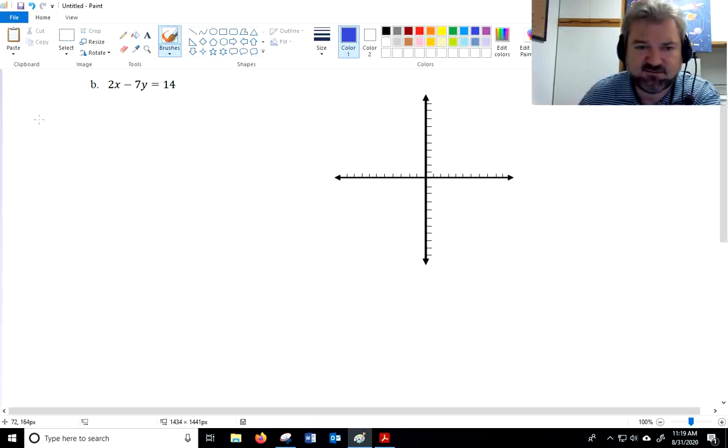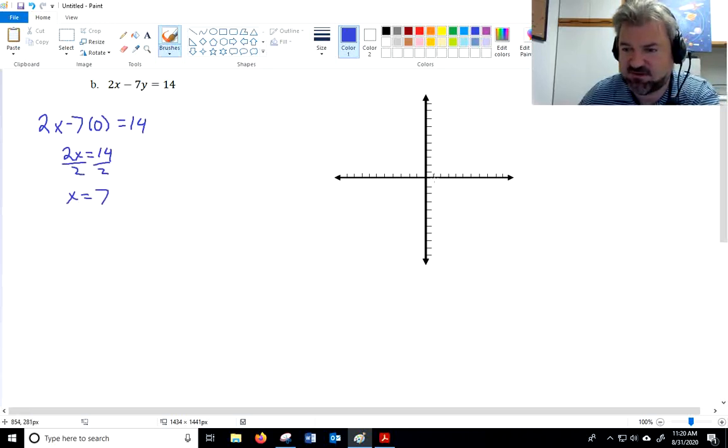So to find the x-intercept, I'm going to put a 0 in for y and solve the resulting equation. So 2x minus 0 is just 2x. And I'll divide both sides by 2, and I get x is equal to 7. So our x-intercept is at 7.